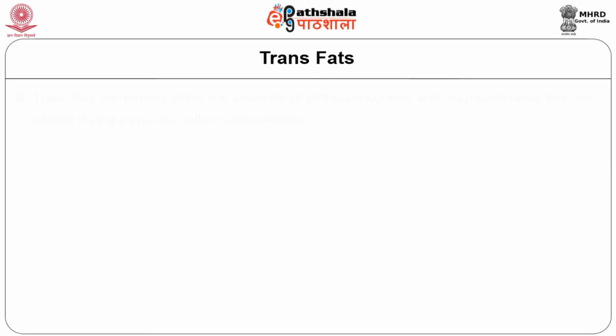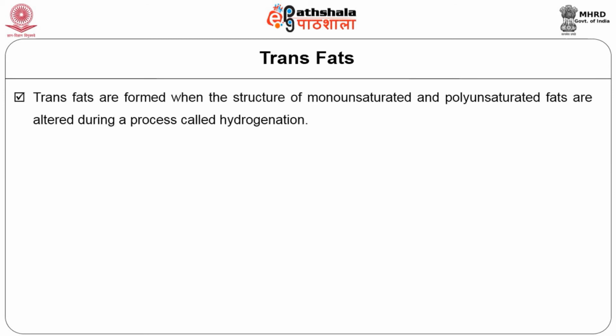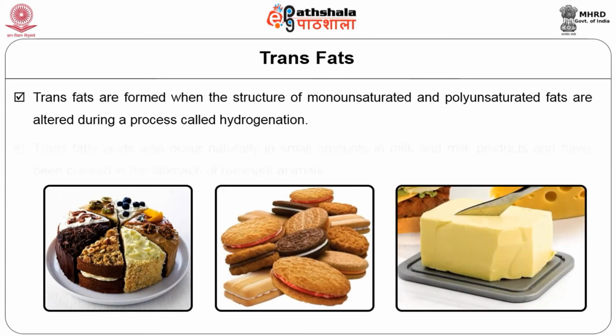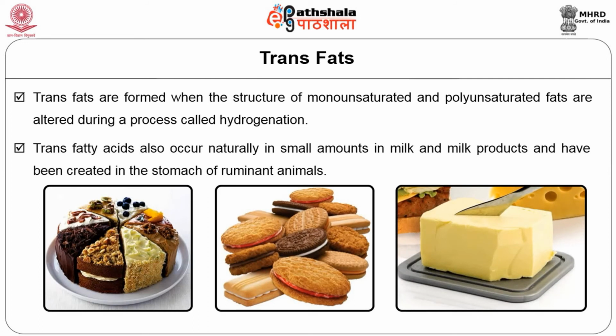Nowadays, a lot is discussed about trans fats in terms of health. What are they? Trans fats are formed when the structure of monounsaturated and polyunsaturated fats is altered during a process called hydrogenation. Trans fats are often found in processed foods such as biscuits, cakes and margarines.